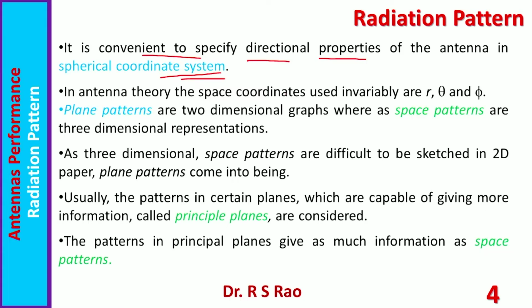The spherical system is associated with three space coordinates. They are r, theta and phi. R is the distance coordinate. It is called the radial coordinate. Theta is the polar coordinate. Phi is the azimuthal coordinate. Theta and phi together are capable of denoting direction in a unique manner.